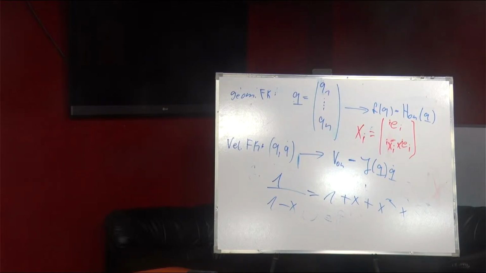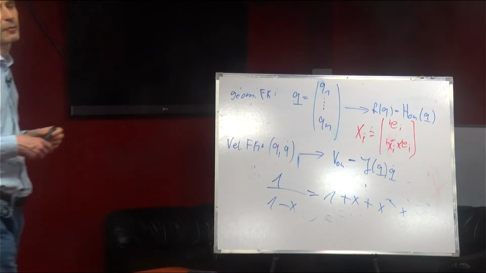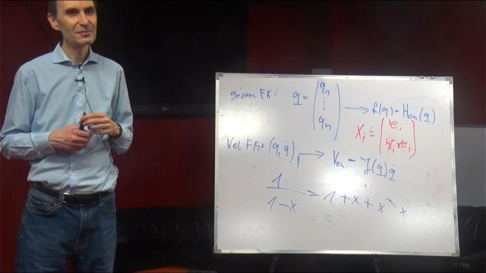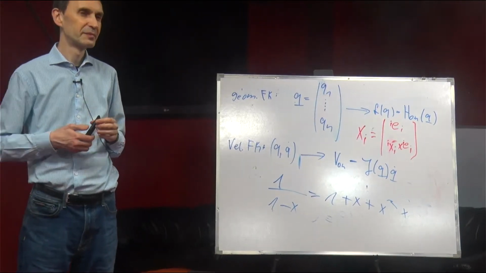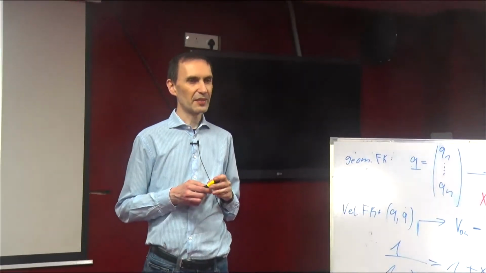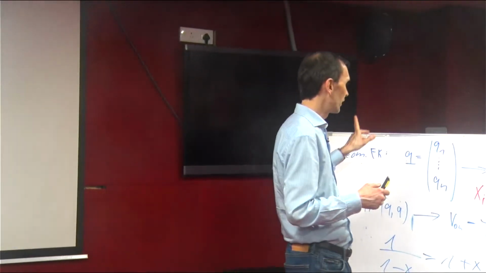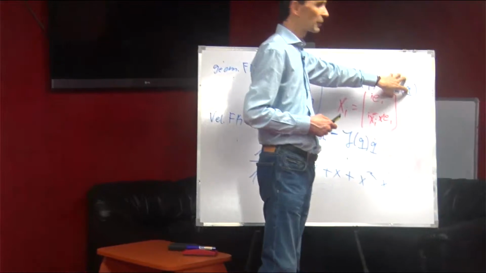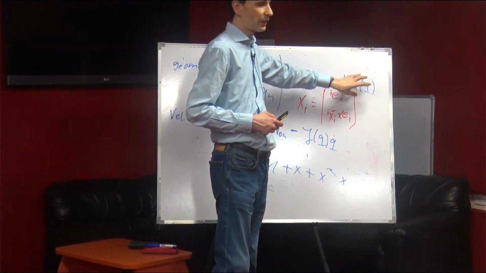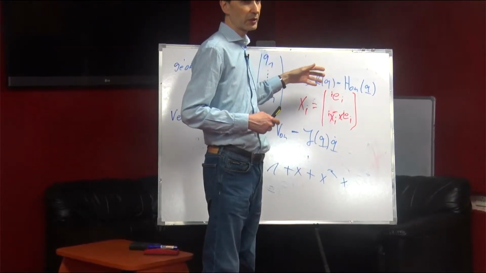Maybe stop here for a minute. You talked about forward kinematics. Do you know inverse kinematics? What's the inverse kinematic problem? Yes, correct. You're given the pose, like here, and you would like to know the q. That's the geometric inverse kinematics problem.